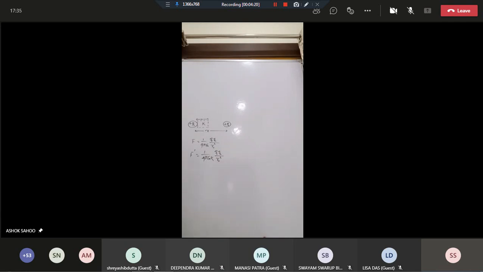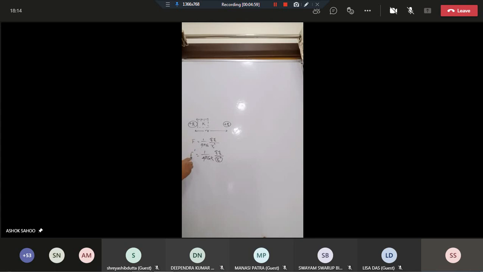Here the force decreases, but if you want to maintain the same magnitude of force, this is F, now it is F dash. F equal to F dash, so definitely you have to change the separation, because the other factors are the same.